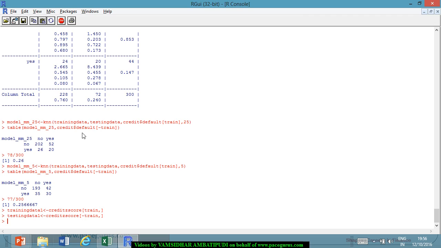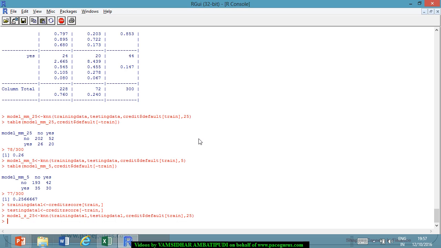Now I can very well build my model, let's say the 25 model itself. Let me build it. Instead of calling it model, let me call it the Z-score model. KNN: I'm taking training data 1 as the input, testing data 1 as the input, credit default train 25.